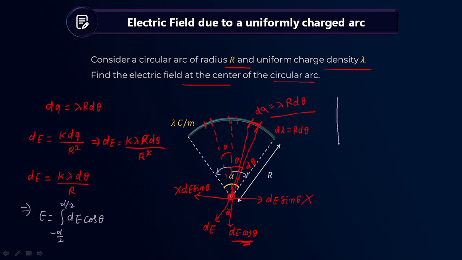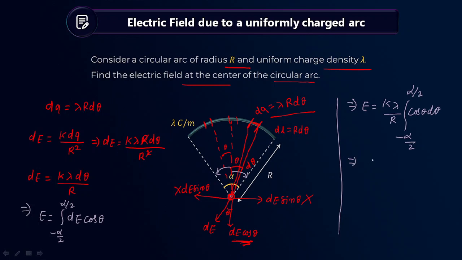So now simplify this. We can write E as k lambda by r, integral of cos theta d theta, from minus alpha by 2 to alpha by 2, right? We know that the integration of cos theta is sin theta.